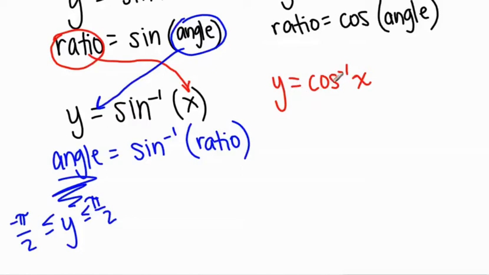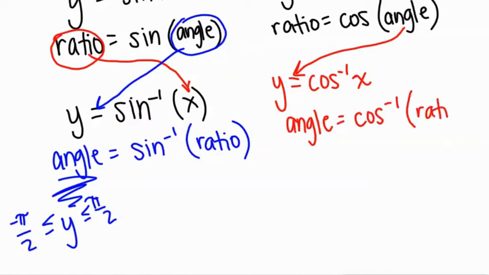Y equals the arc cosine of x. I'm going to again have the angle is equal to the arc cosine of some ratio. And the angles that are the outputs that are allowed for the angles for cosine are between 0 and pi.